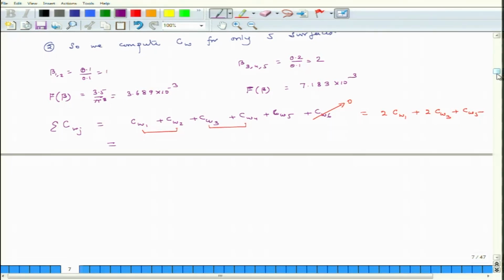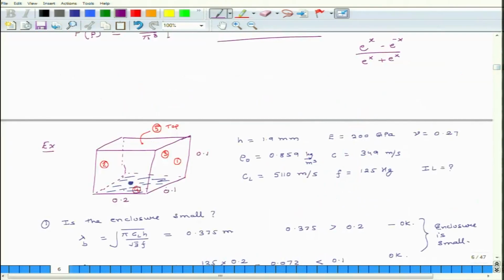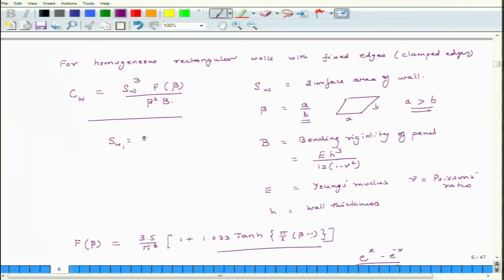But I think now we understand how to calculate it, because we have computed f of beta for everyone, we have also computed beta for everyone, we also know the surface area. What is SW1? Surface area of the first surface. So, that is 0.1 times 0.1, so it is 0.01, and like this we can go on computing the surface area of each of the surfaces.